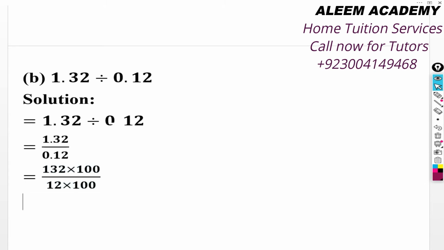Now just multiply these numbers, or you can simply cancel 100 in the numerator and denominator. If you cancel 100 in the numerator and denominator, the numbers left will be 132 over 12.